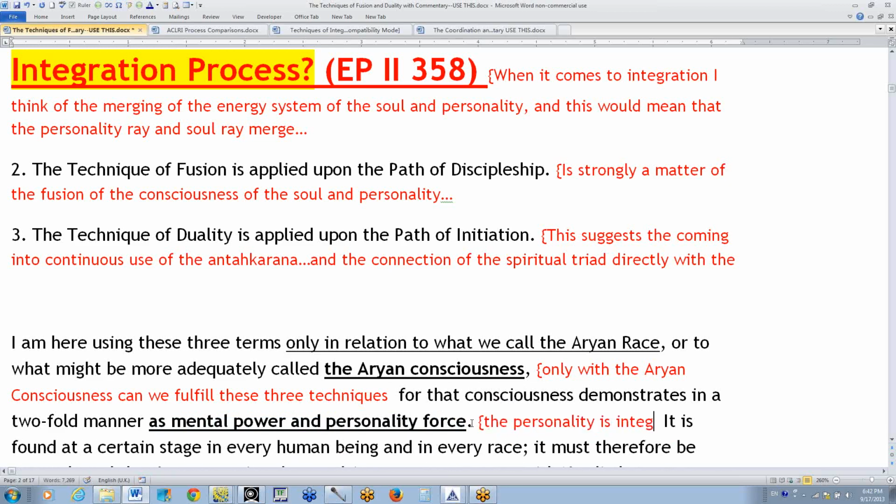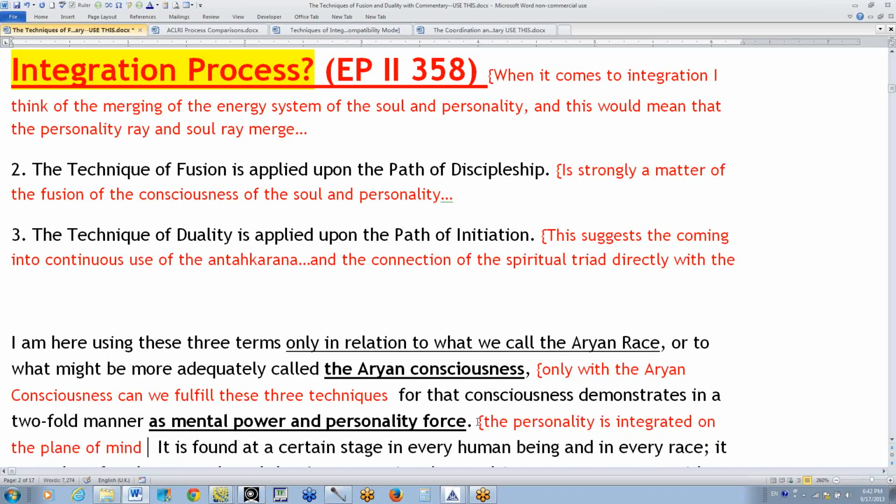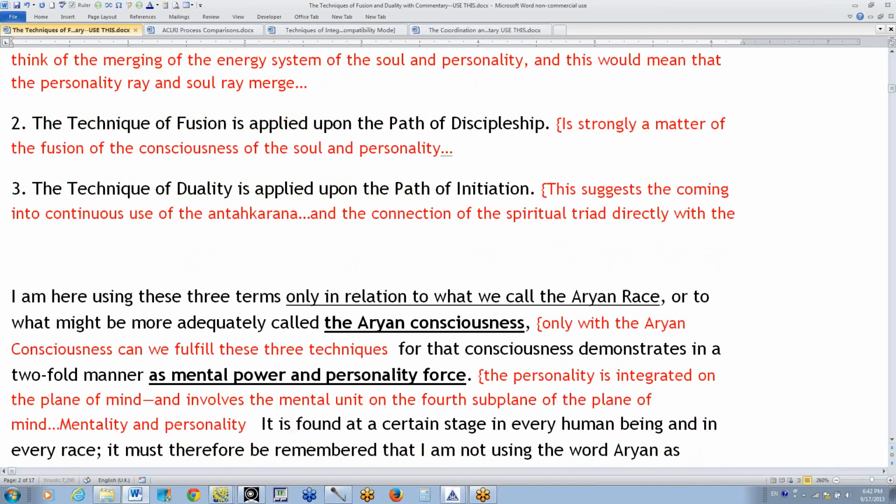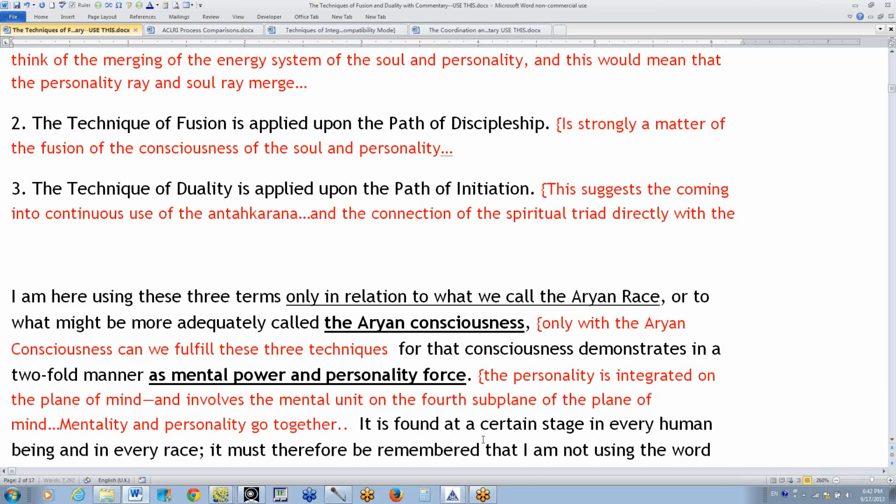Personality is integrated on the plane of mind, and involves the mental unit on the fourth subplane of the plane of mind. So when we're talking about mentality and personality, the two pretty much go together. Mentality and personality go together.